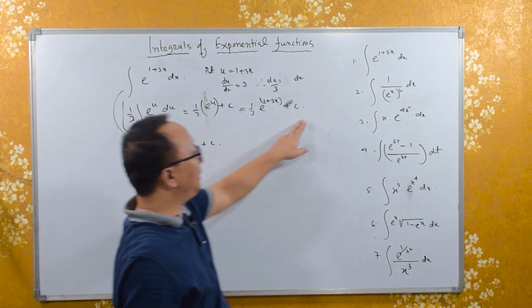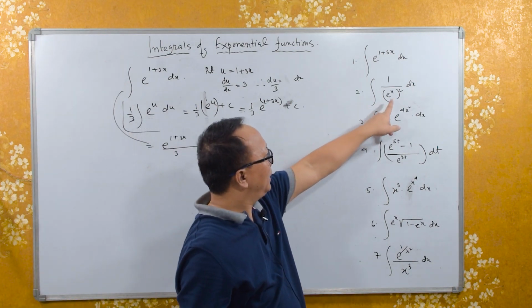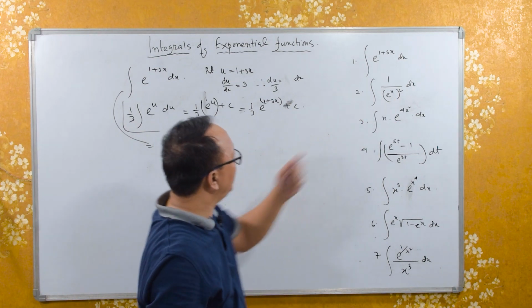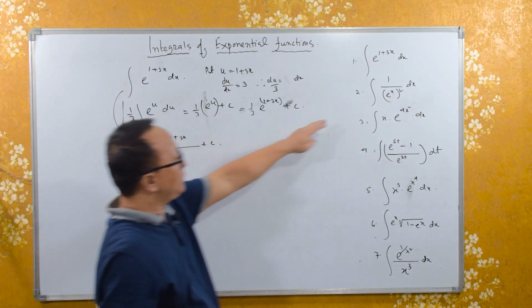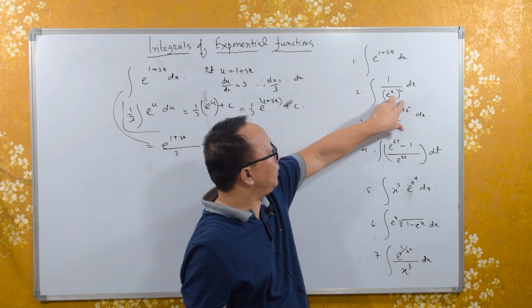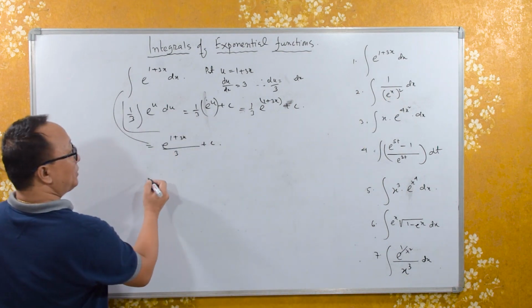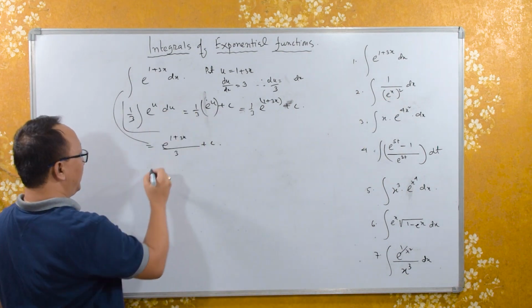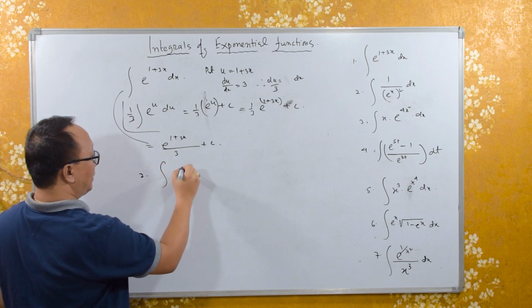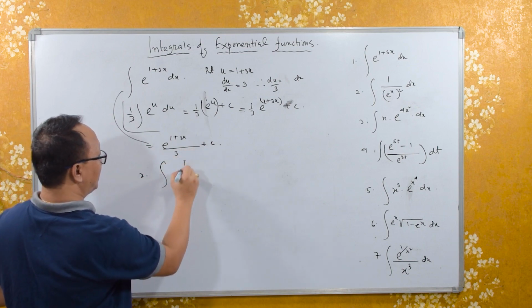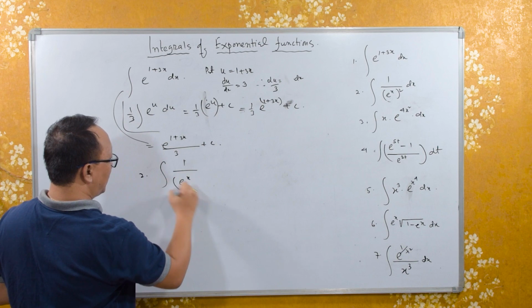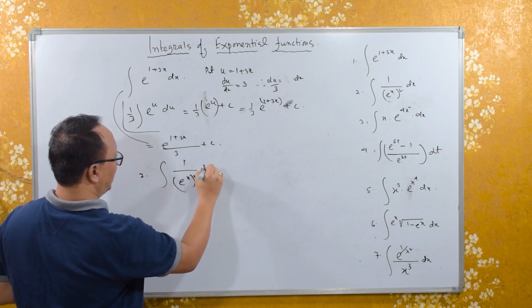Second question. Here also we have to substitute e raised to x as a variable t, or you can do it like this, you can bring it up. Let's try this way: 1 upon e raised to x the whole square dx.